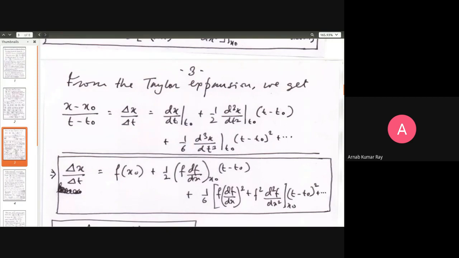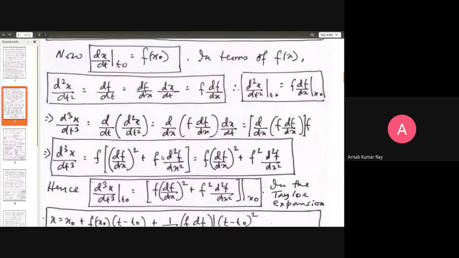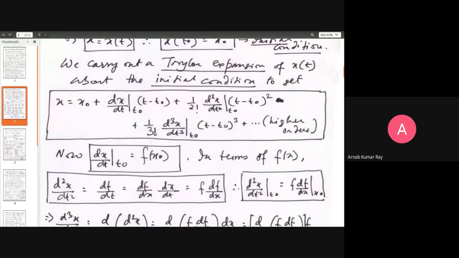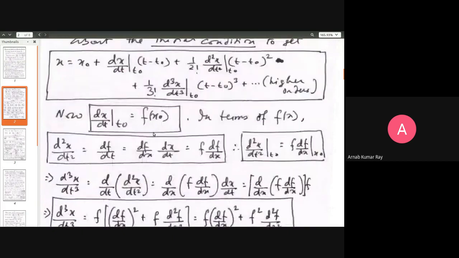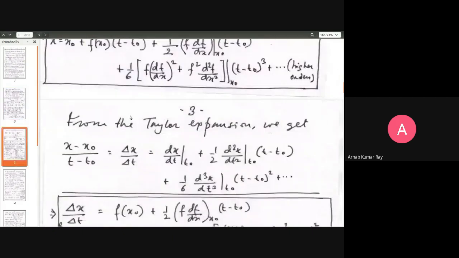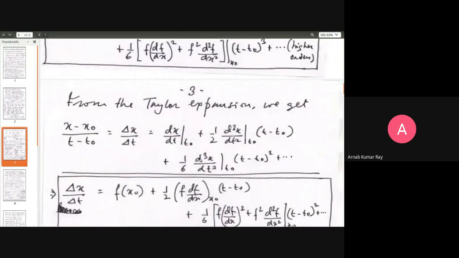Okay. And then on the right-hand side, what have we got? dx/dt at t naught, half d2x/dt squared at t naught times (t minus t naught), 1 by 6. Where is 1 by 6 coming from? Because it is factorial 3. 3 into 2 into 1. This is 2 into 1. So 3 into 2 into 1 is 6, hence 1 by 6. I hope you have understood that point. So 1 by 6 d3x/dt cubed at t naught times (t minus t naught) squared.